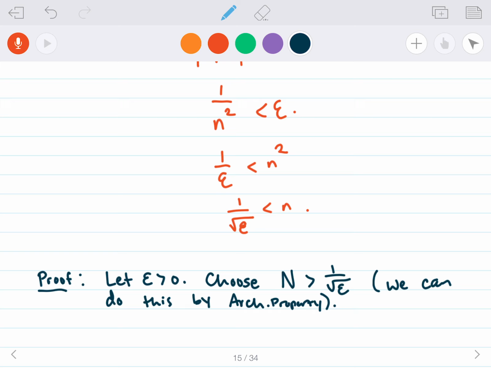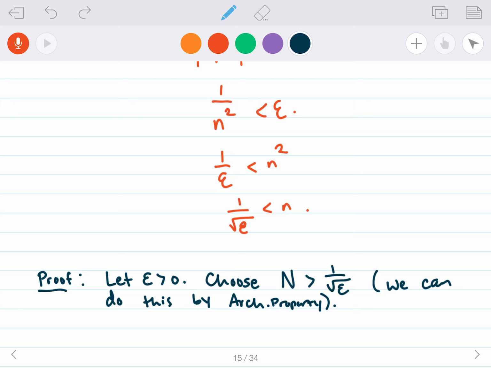The reason I'm choosing capital N to be greater than 1 over root epsilon instead of equal to is because I can't always have a natural number equaling 1 over root epsilon, right? What if epsilon is something crazy like square root of 2 or something? Well, then it wouldn't make sense to have a natural number being 1 over square root of 2. That's not a thing. So that's why I'm requiring it to be strictly greater, and not equal to, like your book does.